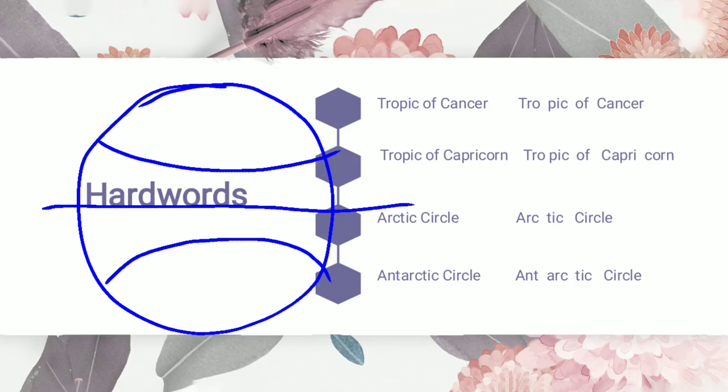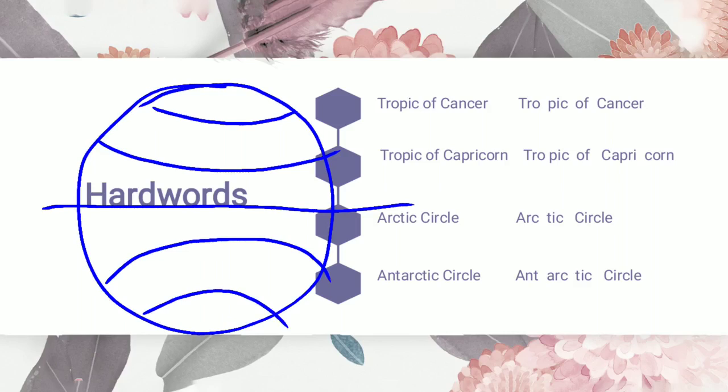Next is Arctic Circle. This line is called Arctic Circle. Next is Antarctic Circle. This line is called Antarctic Circle.